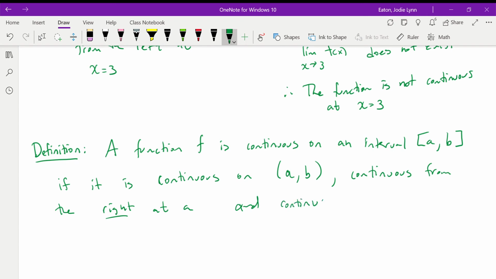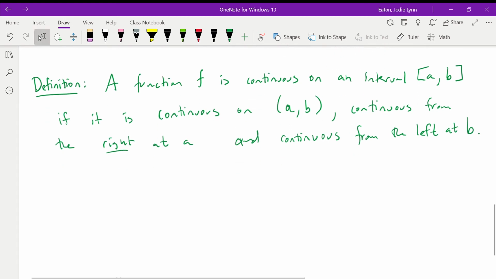Because on those endpoints, it's not going to be able to be continuous from both sides, because we're looking only at that closed interval. We're not considering points that are outside of that closed interval. This is continuous from the left at b. So let's see how we could show this level of continuity.